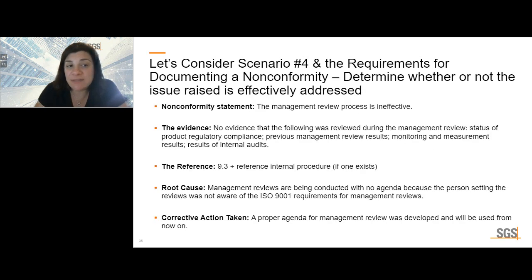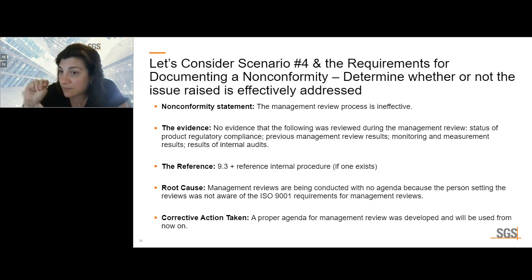So consider this. Now we're doing root cause analysis. The nonconformity statement is: the management review process is ineffective. The evidence, what did I look at? No evidence that the following was reviewed during the management review: the status of product regulatory compliance, previous management review results, monitoring and measuring results, and results of internal audits.